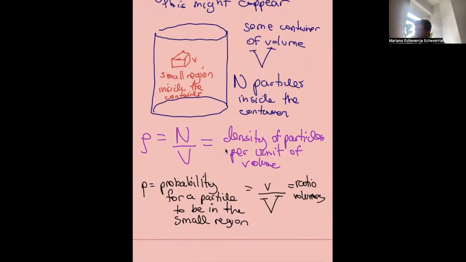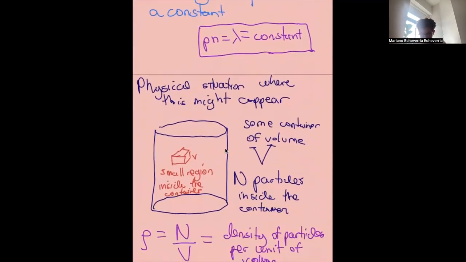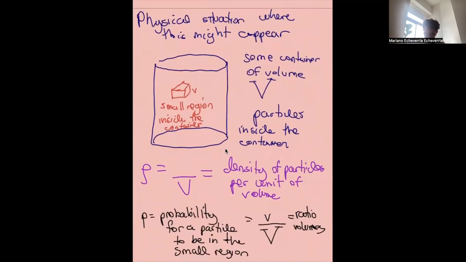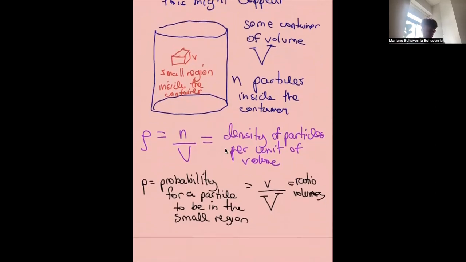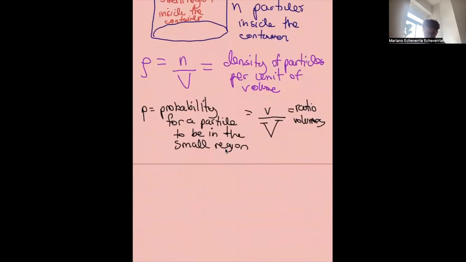In this case, let me use lowercase n, the same notation as what I have there. If you take n times p, what would n times p be?